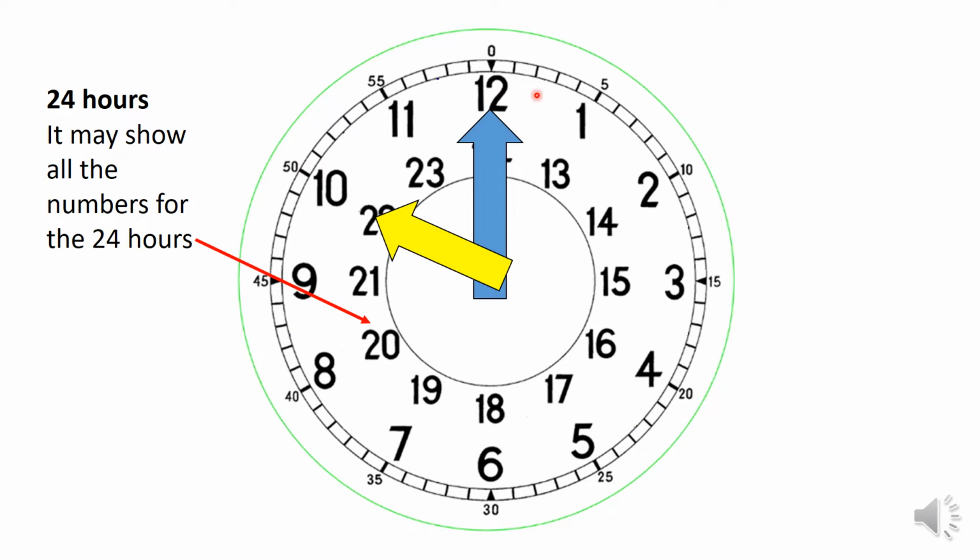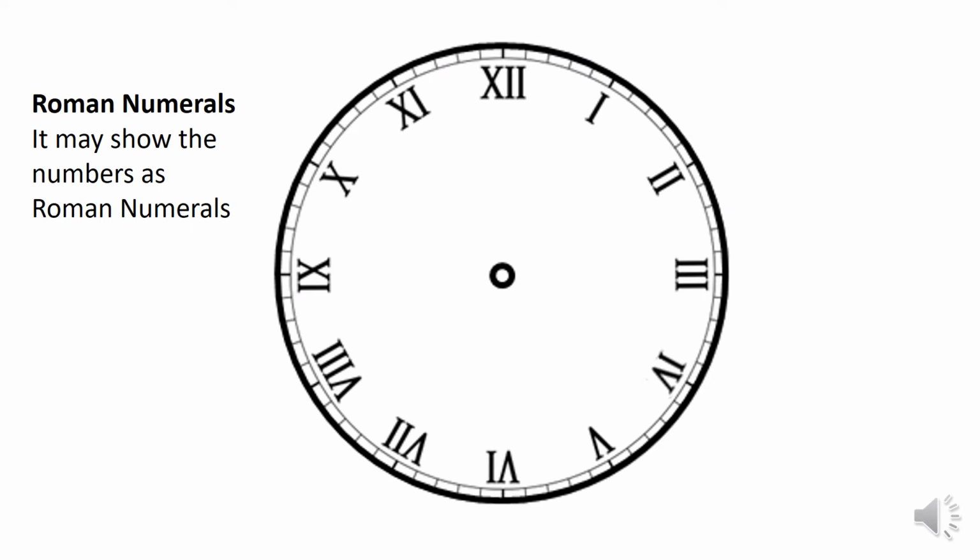Once the clock has gone around once for the morning session, so for numbers 1 to 12, after midday it goes through to 13, 14, 15, 16, 17, 18, 19, 20, 21, 22, 23, and back to the beginning again. You may even see Roman numerals on clocks.